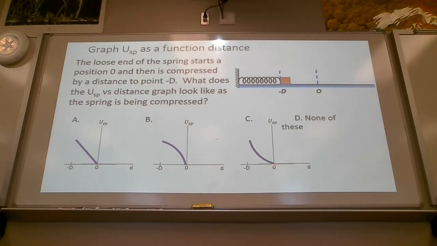We just made 0 at this point, so we're compressing it. This means we're being compressed to the left of our equilibrium point. How about as it's released, going from negative D to 0? Hopefully, we're seeing the pattern that it is still C. It's as a function of position, not as a function of time.